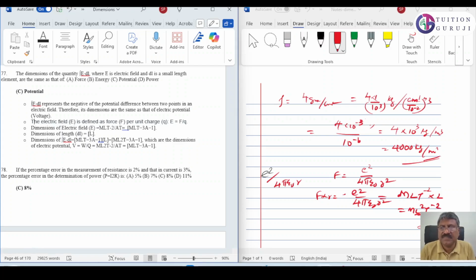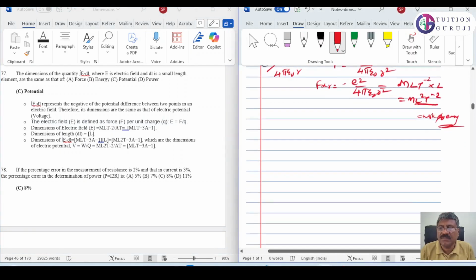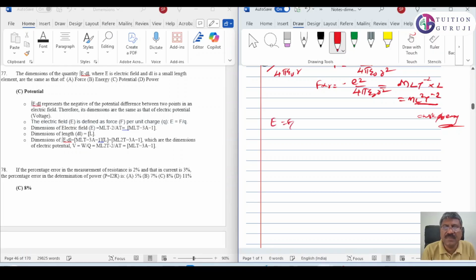So let us see the dimensions of electric potential. E is equal to F by Q, that is M L T raised to minus 2 into A raised to minus 1 T raised to minus 1, because Q is A into T. So it will be M L T raised to minus 3, A raised to minus 1.